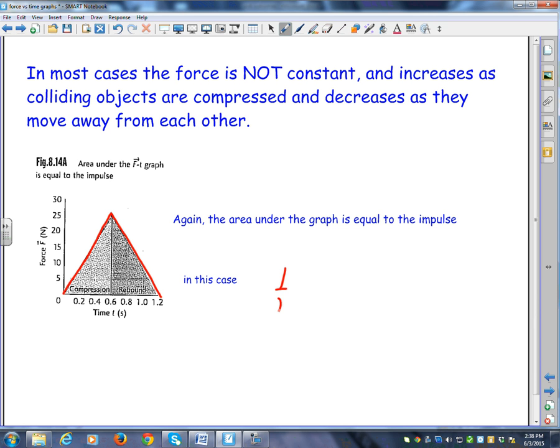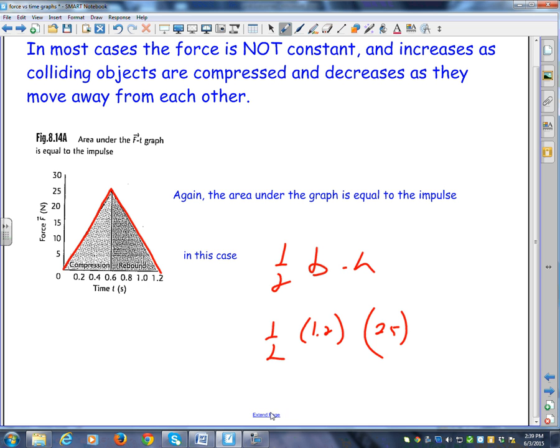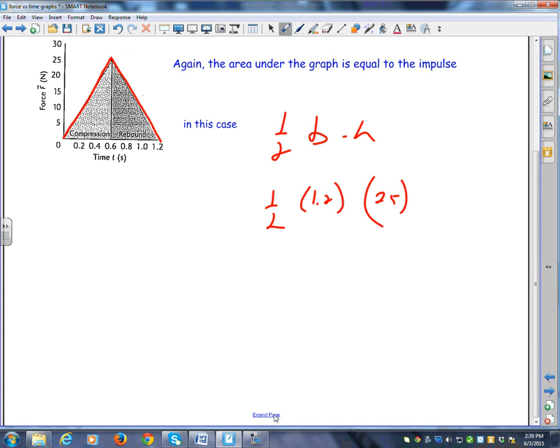Yeah, it's going to be 1/2 the base times the height, because it's the area of a triangle. In this case, that would be 1/2 the base, which would be the time, 1/2 of 1.2. What's the height? We'll assume that that's 25. What's half of 1.2 times 25? 15, I think.